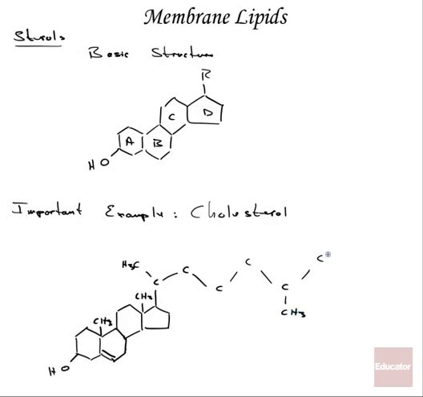So CH3, CH3, this is a CH, this is CH2, this is CH2, this is CH2. So let me make sure I've got all my carbons, because whenever we start drawing these things by hand, there's always some atom that's missing. 1, 2, 3, 4, 5, 6. Yes. On this one, we have a CH3 branching off. Okay. If I've drawn it correctly, this is our important example of cholesterol.